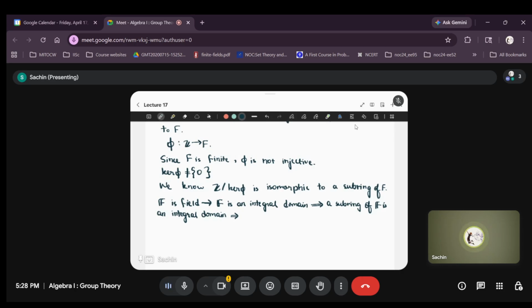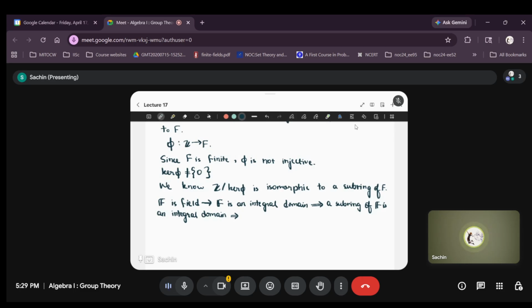But if the product of two non-zero elements is never 0 in a set, if you take a smaller subset of it, then that condition holds in the subset also, right? You simply pick fewer elements in that field. Then the product of two non-zero elements can't be 0 in a subset.